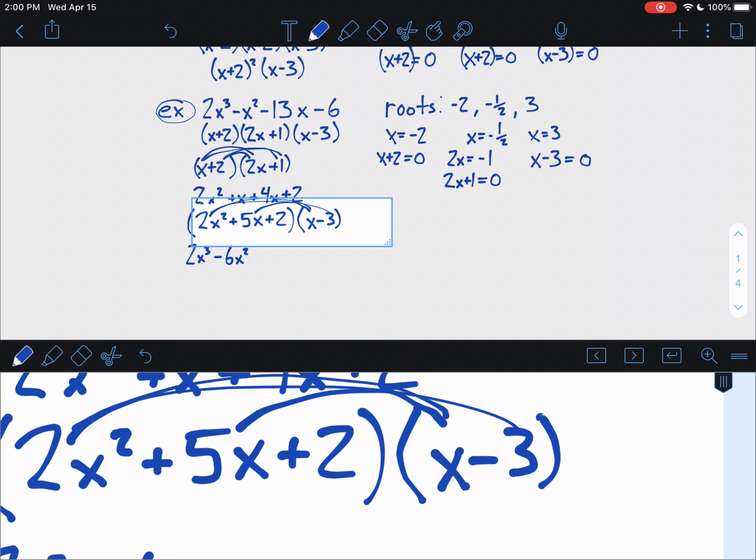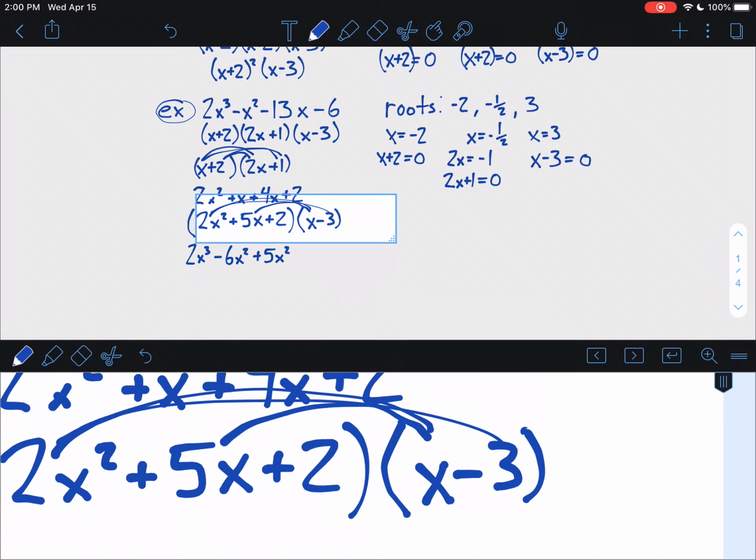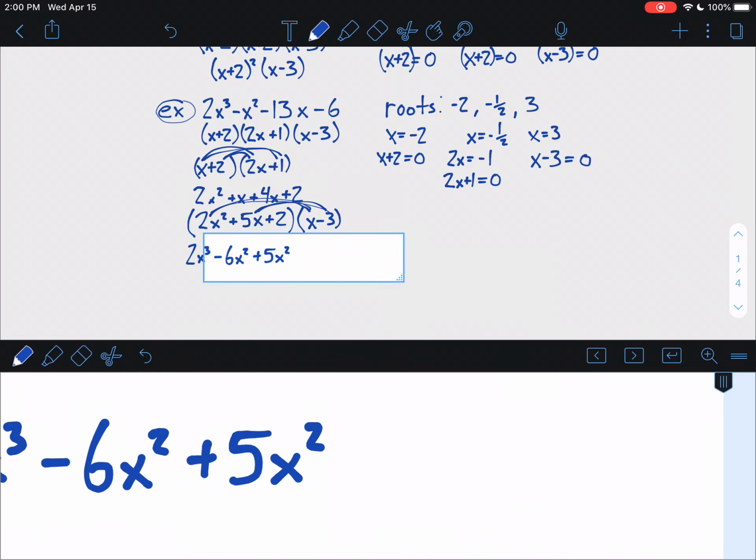And then I have 5x times x, which is going to be 5x squared. And then I have 5x times negative 3, which is negative 15x.